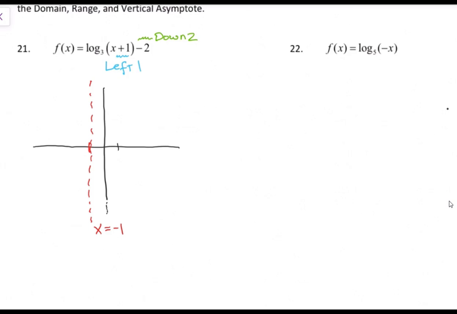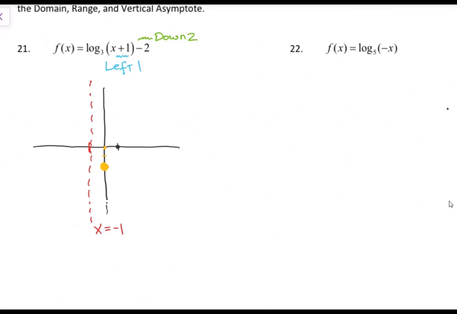Now I'm going to start with that point. My point is normally here at 1, 0, and I want to move that to the left 1 and down 2. So if I go to the left 1 and then down 2, that puts my point here at 0, negative 2.